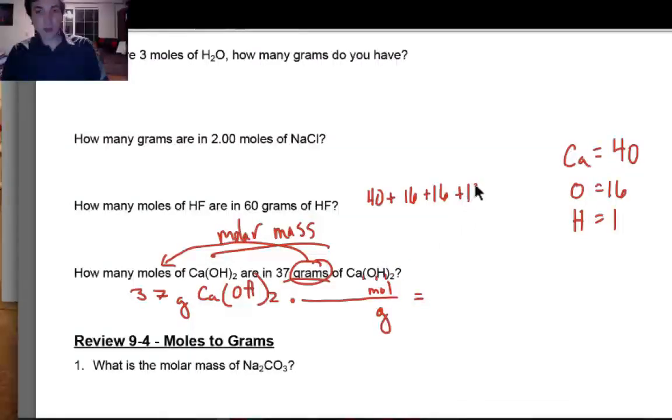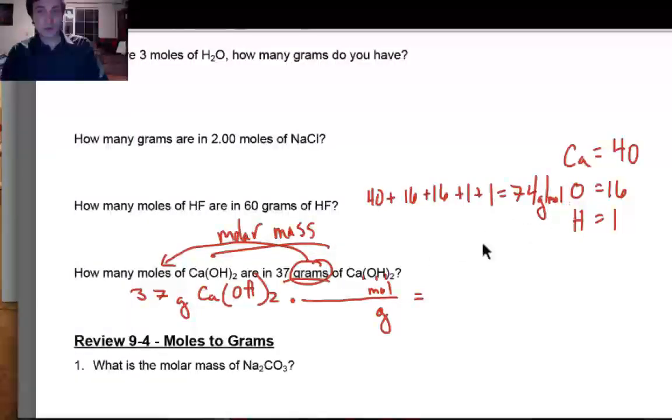So we add 1 twice because we have 2 hydrogens each with a mass of 1. That's 40 plus 16, which gives me 56, plus another 16, which gives me 72, plus 2 gives me 74. So that's 74. Again, it's the molar mass, so we give it units of grams per mole.